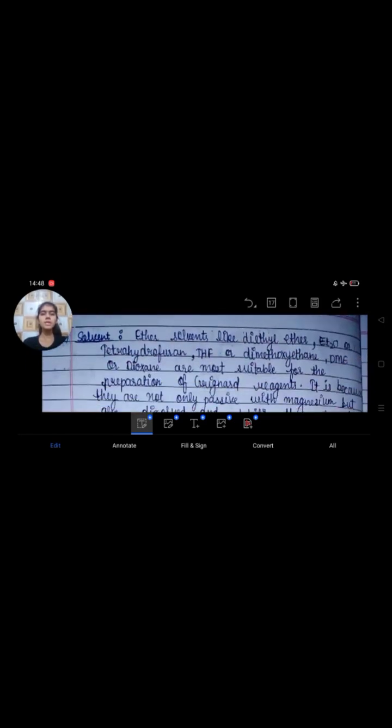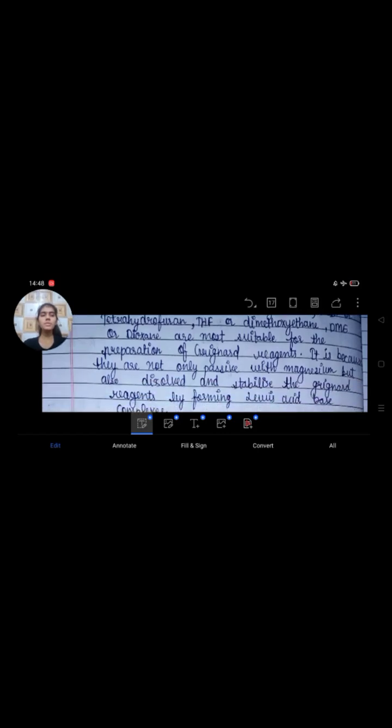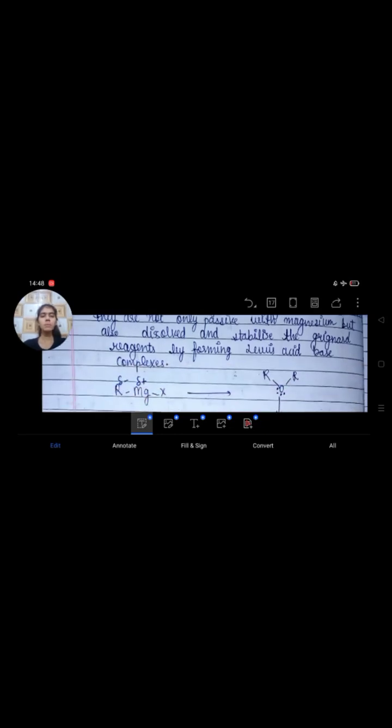Second precaution is solvent. Ether solvents like diethyl ether, tetrahydrofuran, dimethoxyethane or dioxane are suitable for the preparation of Grignard reagents. It is because they are not only passive with magnesium but also dissolve and stabilize the Grignard reagents by forming Lewis acid-base complexes.